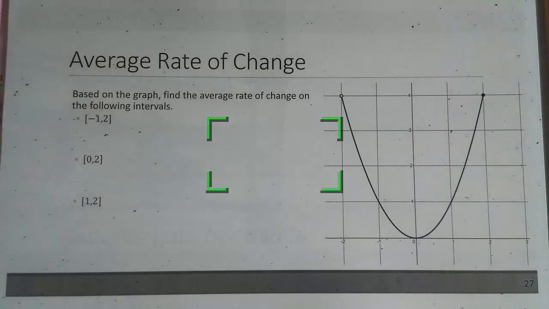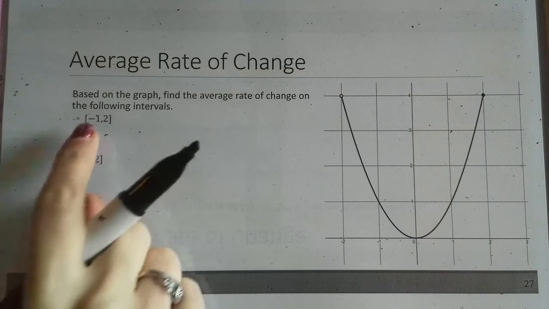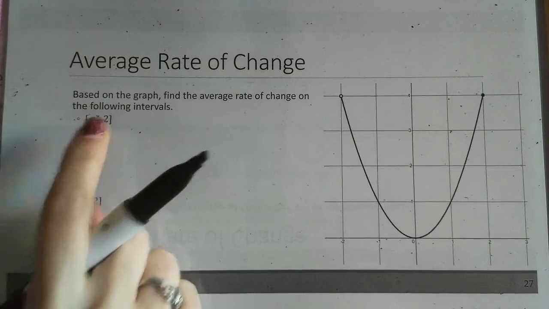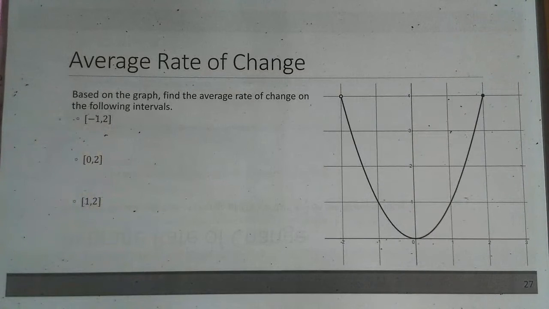So we're going to take a look at this graph, and based on the graph, we want to find the average rate of change on the following intervals: -1 to 2, 0 to 2, and 1 to 2. So what this is saying is if I go from x equals -1 to x equals 2, what is the average rate of change between those points?